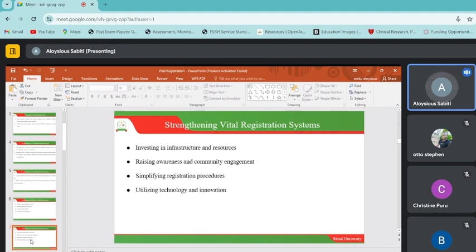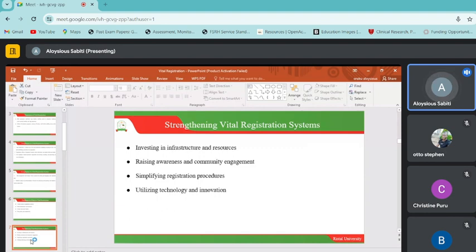And mainly when we're referring again to infrastructure, we want to look at a system through which vital registration can be reported. We want to understand whether we can invest and have a reporting system and an infrastructure or a structure that monitors vital registration in that regard.